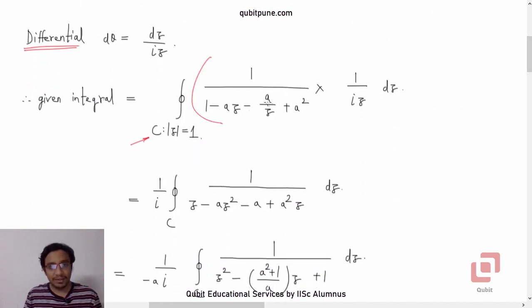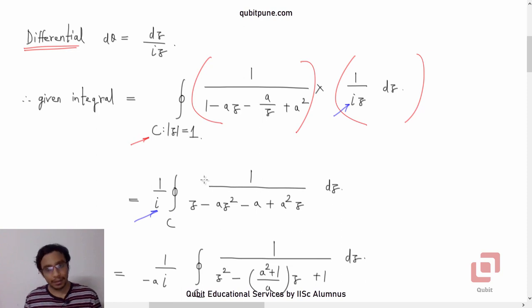Fine. So this is the integrand and this is the differential. Take i common from the denominator, put it here, into the integral of 1 upon, multiply everything by the remaining term here, that is z.